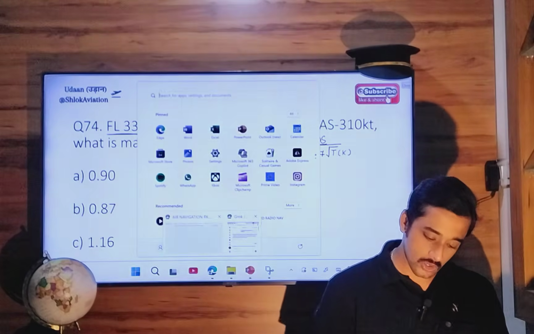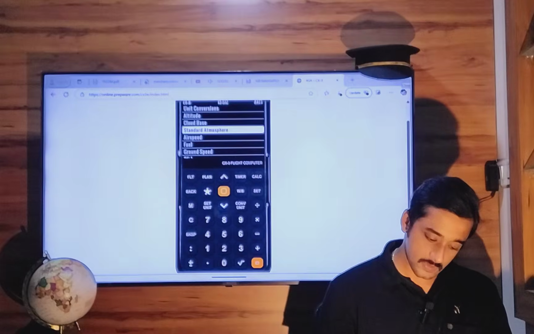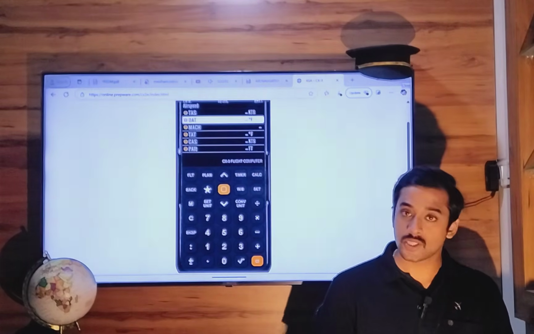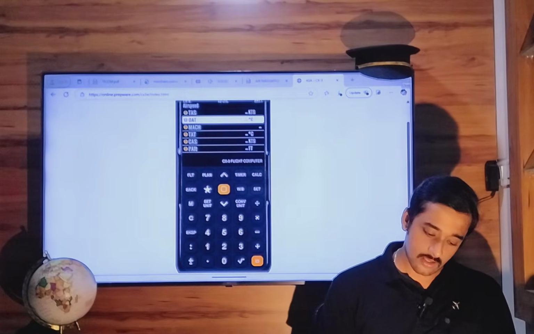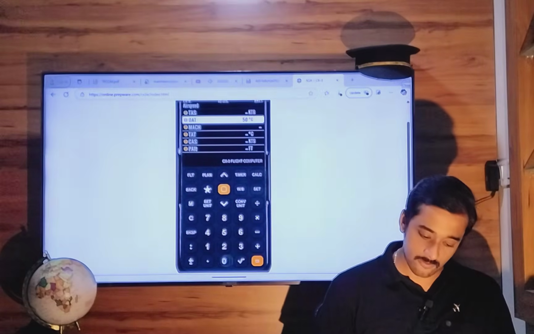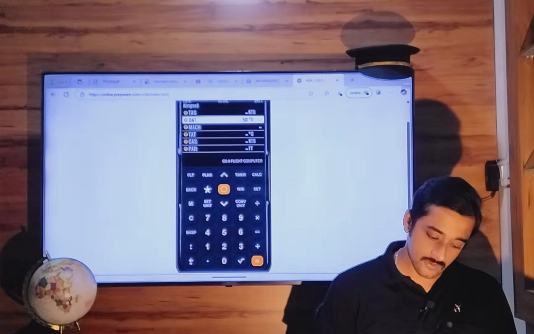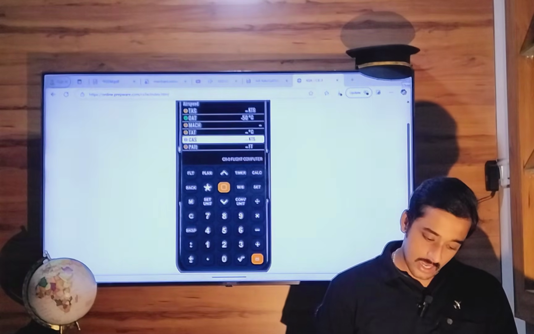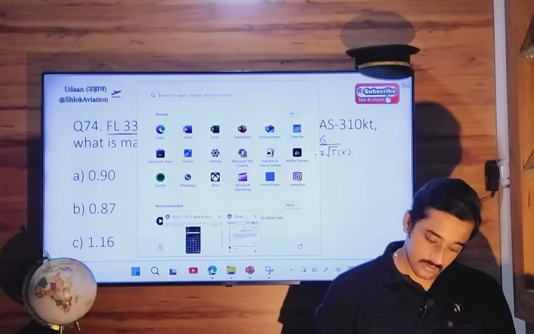So let's find out true airspeed first. Go into the airspeed option and substitute the values. Outside air temperature is in Fahrenheit currently. Press the convert unit, and outside temperature is minus 50. So 50, then press the plus minus button in order to get minus 50. Calibrated airspeed, which is 310.